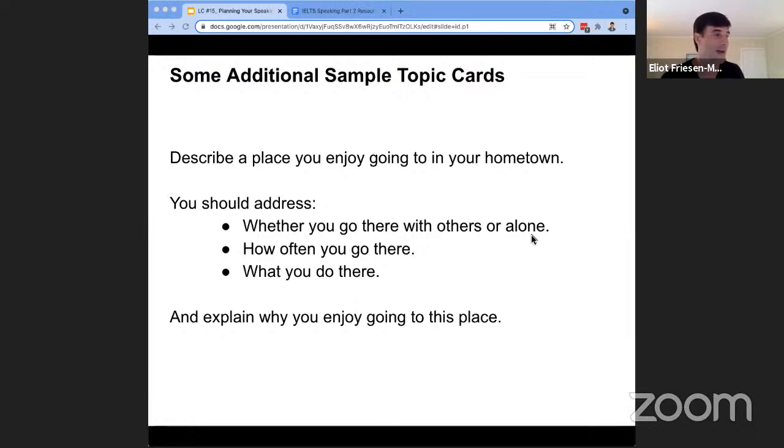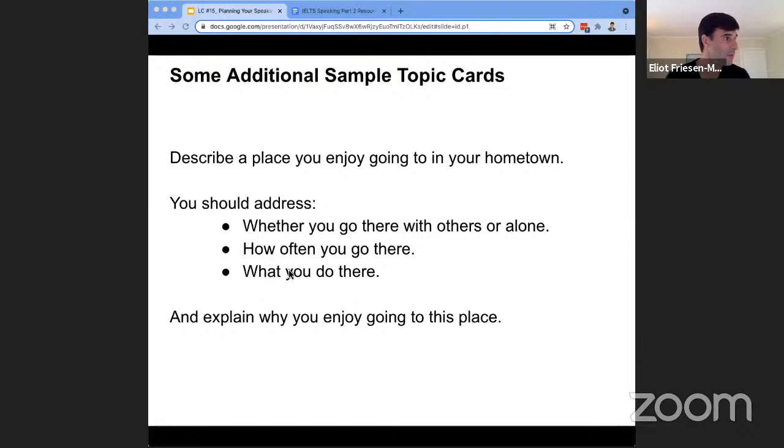We're going to look at that in a moment. As we go down, notice, whether you go there with others or alone, right? You could imagine answering, this is a place I go to by myself mostly. And that would be sufficient. You don't need to say more about that bullet point. You've already satisfied that requirement.